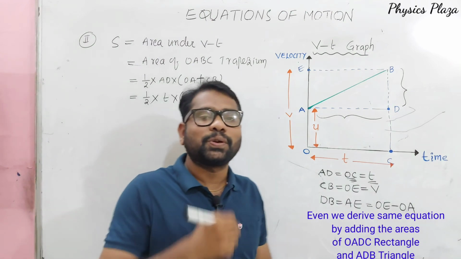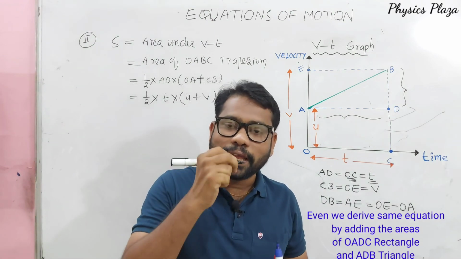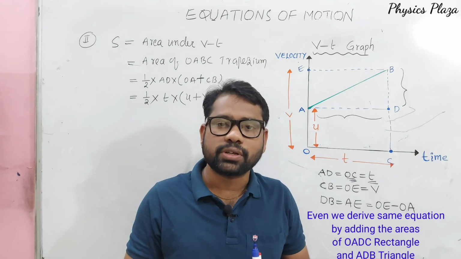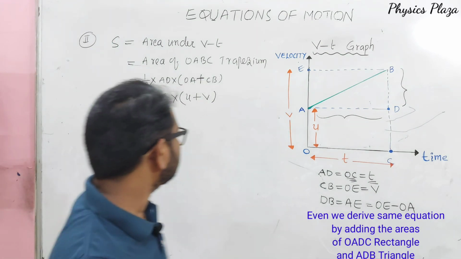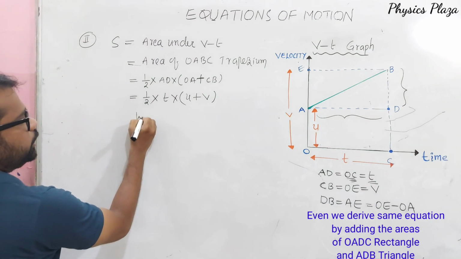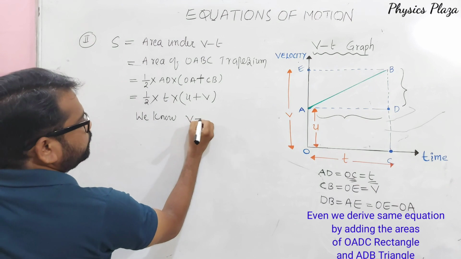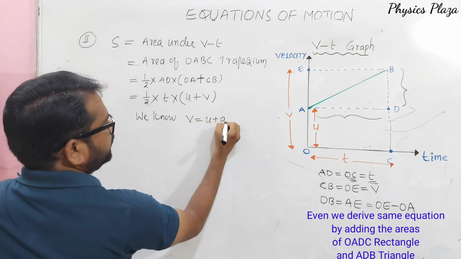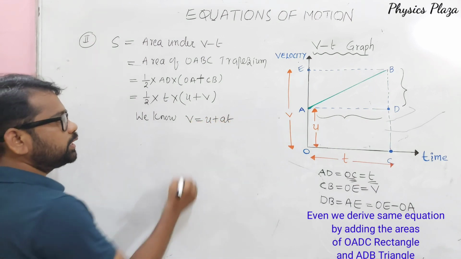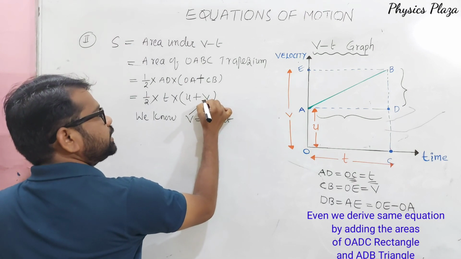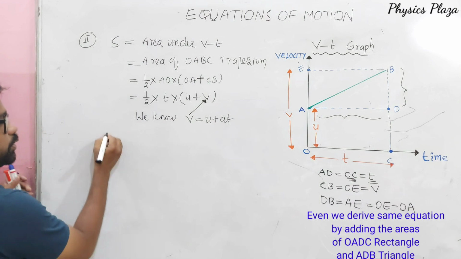Next, what do we have to do? Here we are going to take the help of the first equation of motion again. Children, we know that from the first equation of motion, V is equal to U plus AT. This equation we have to substitute in the place of V. Let us substitute here.